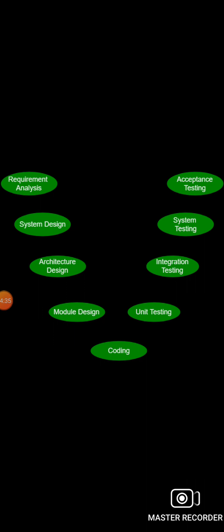The fourth phase is module design. In this phase, the detailed internal design for all the system modules is specified, referred to as the low level design, also known as LLD. It is important that the design is compatible with the other modules in the system architecture and the other external systems.